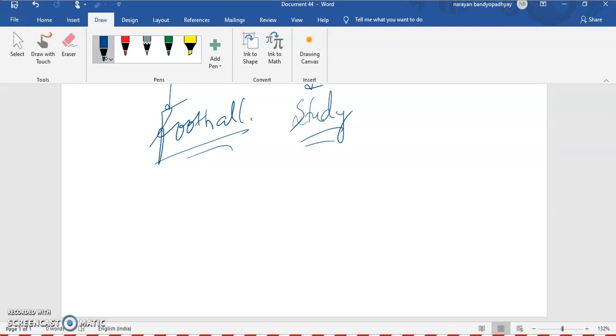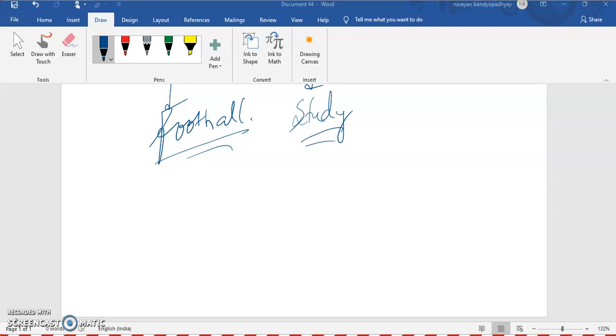Then the entire organization should be divided into separate departments, as I have already told earlier, for example finance department, marketing department, production department, human resource department, etc. so that each and every department works efficiently and effectively, right?